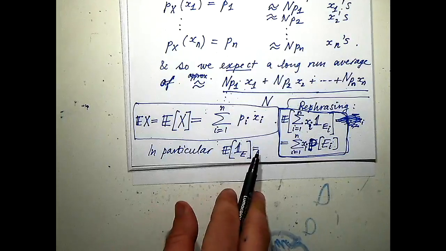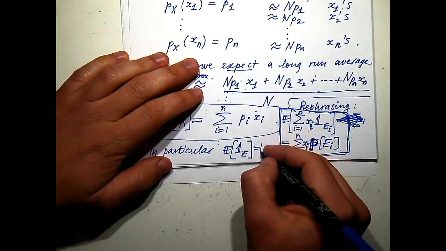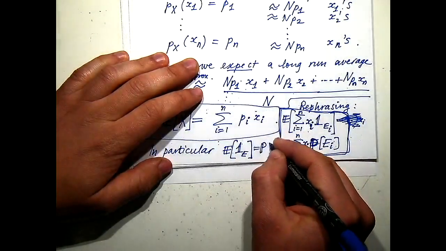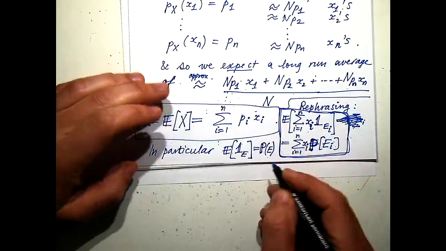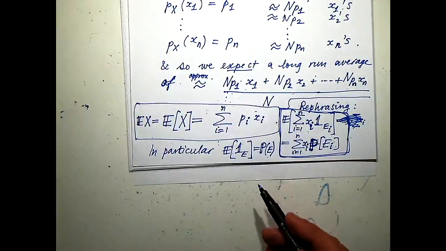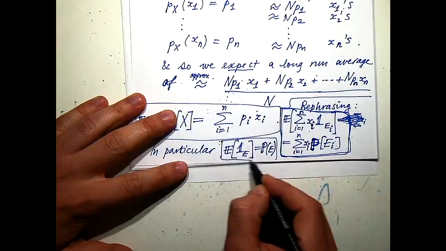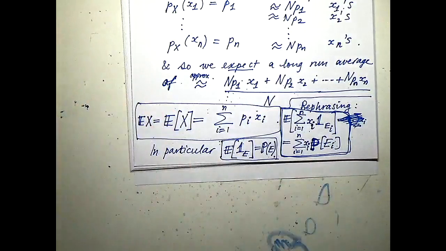So what is the expected value? P of E. Yeah, someone said P of E, that's right. Because on the event where E is true, you get 1. So P of E times 1 plus 1 minus P of E times 0, but the 0 term you don't even have to say. So that's even worth remembering as a separate formula. Expected value of an indicator variable is just the probability of that event.